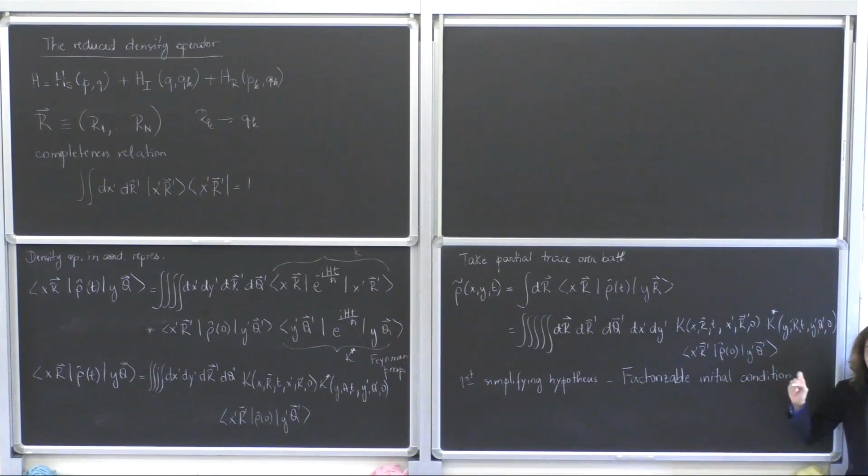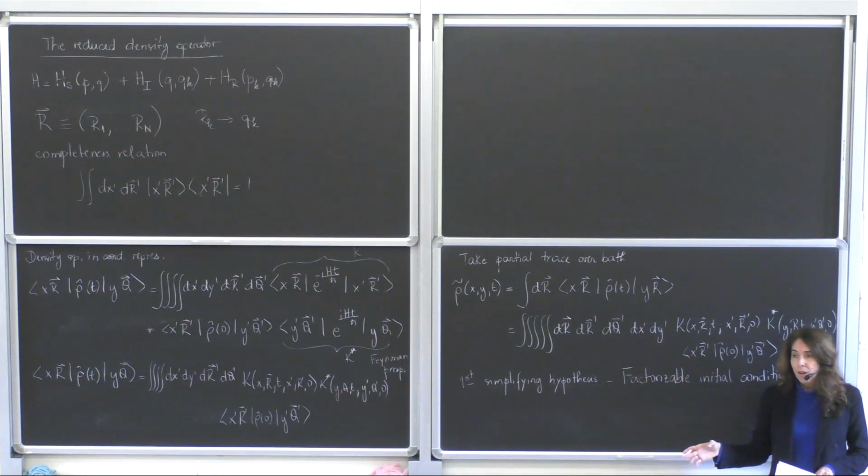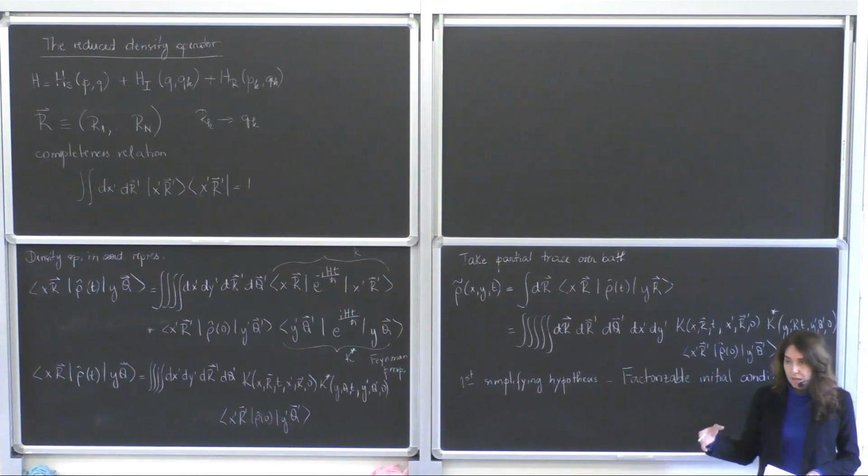They are going to assume that at t equals 0, this initial density operator can be written as a product of a density operator only for the system times another part only for the bath.